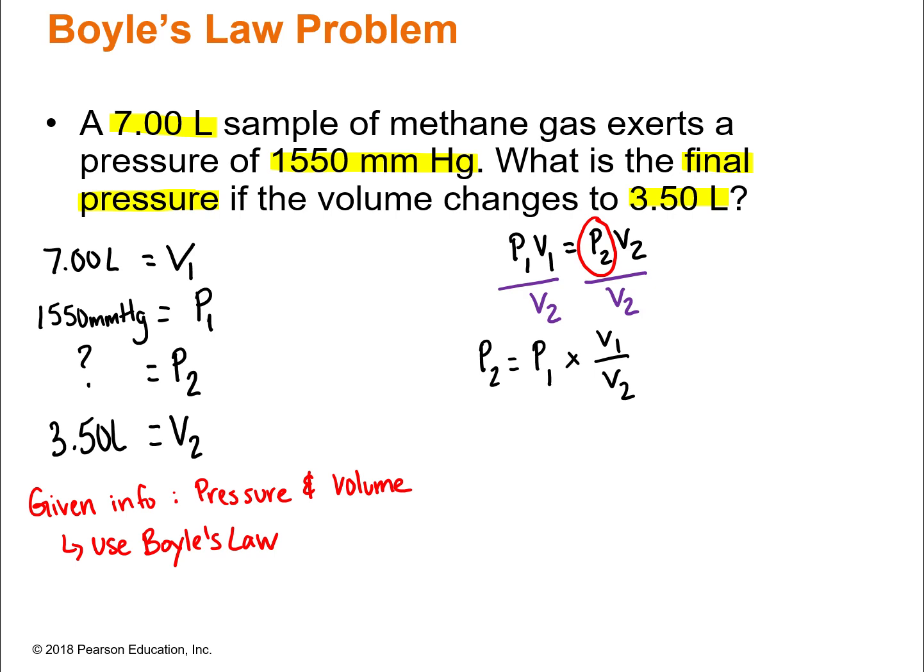Whenever you're rearranging your gas laws, you want to group together your pressures, your volumes, your temperatures. That way the math works out nicely, and so does the units. It makes a lot more sense because you can see which unit you need to use to report your final answer in.